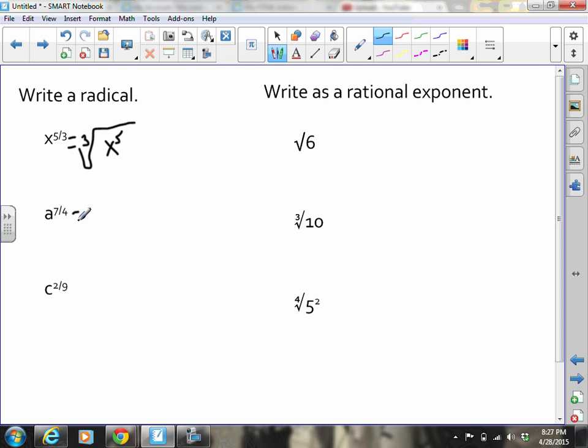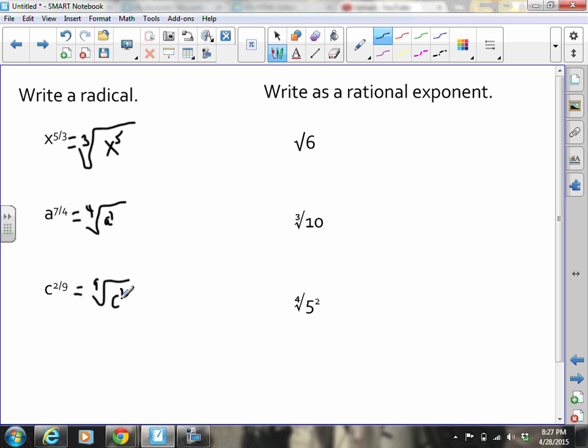By that same concept, I can rewrite a to the 7/4 as the fourth root of a to the 7th. C to the 2/9 I could rewrite as the 9th root of c to the 2nd.